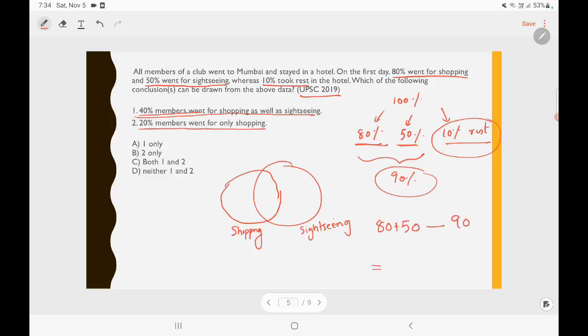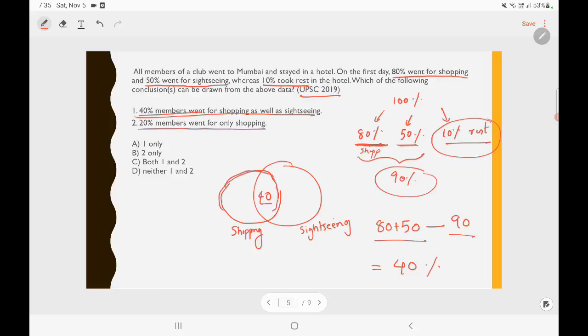So 80 plus 50 is 130, minus 90 is 40. So 40% of people went for both sightseeing and shopping. So you should write 40 in this intersection. Now we know that 80% people went for shopping, so in the circle of shopping, you need to write 80.